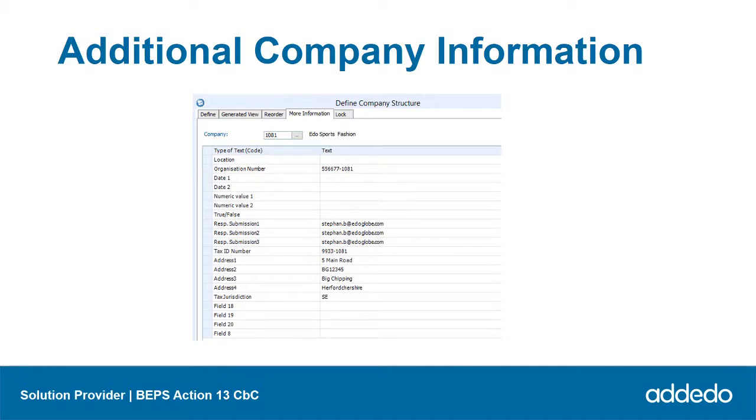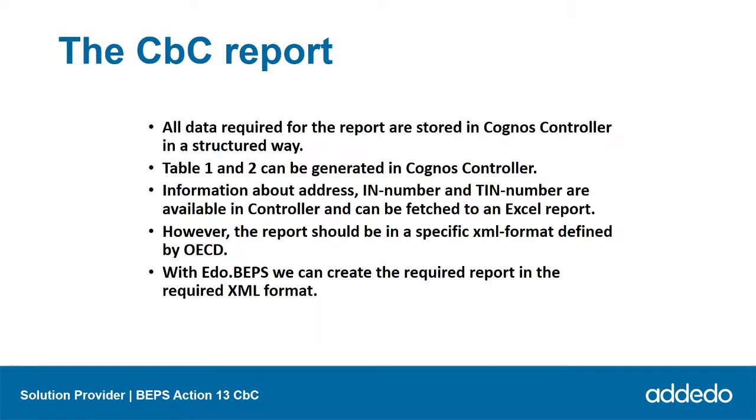Here you can see we have entered tax jurisdiction, tax ID number, and other required values. So all the data required for the report can be, and is, stored in Cognos Controller in a structured way. Table 1 and Table 2 can be generated in Excel or TM1.